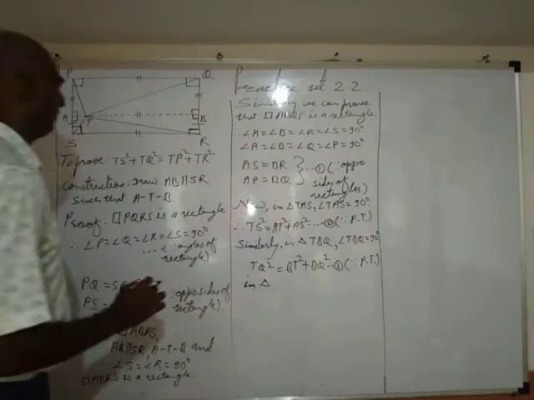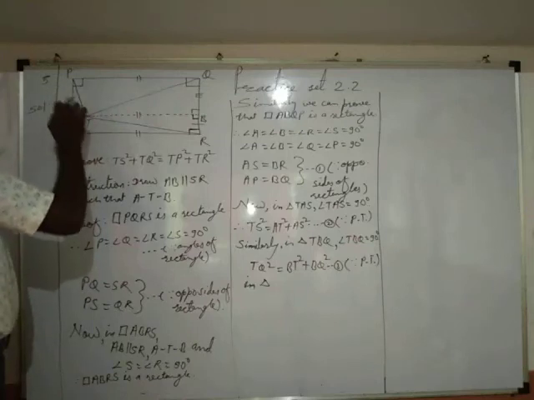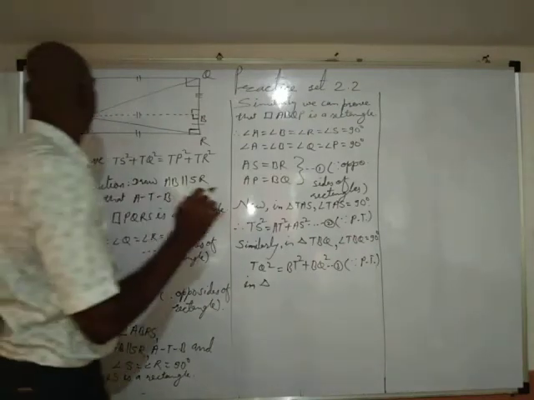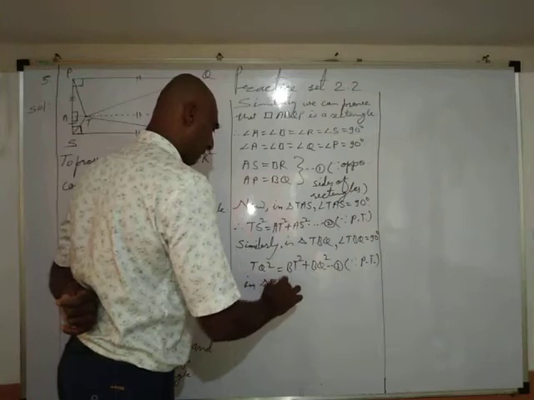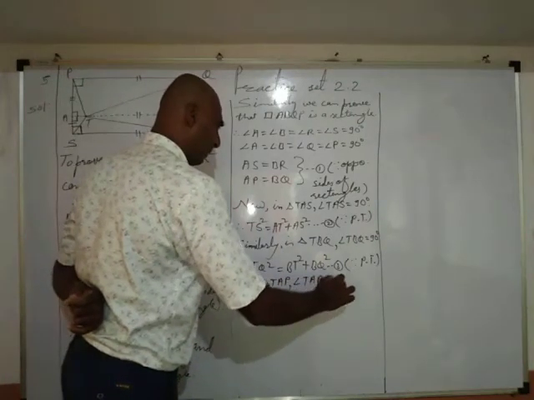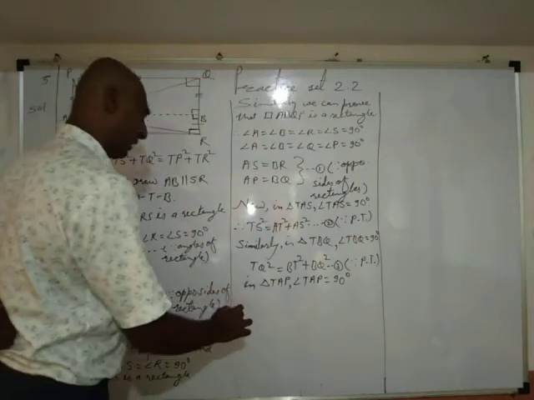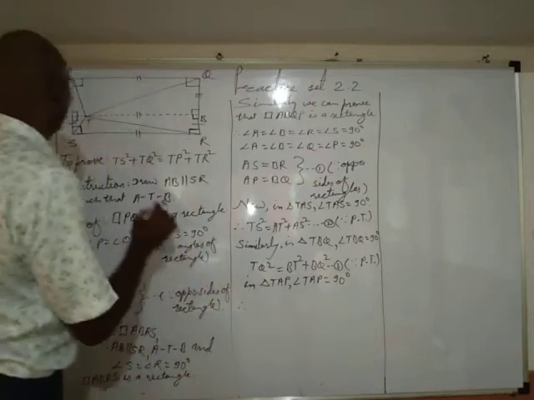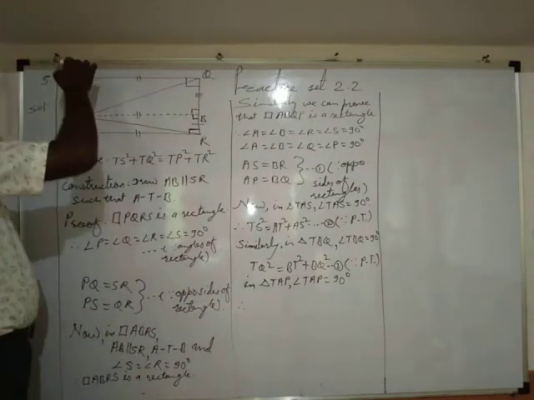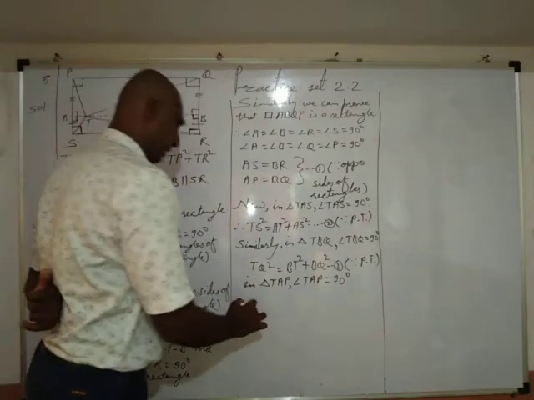In triangle TAP, angle TAP equals 90 degrees, and therefore TP will be the hypotenuse.